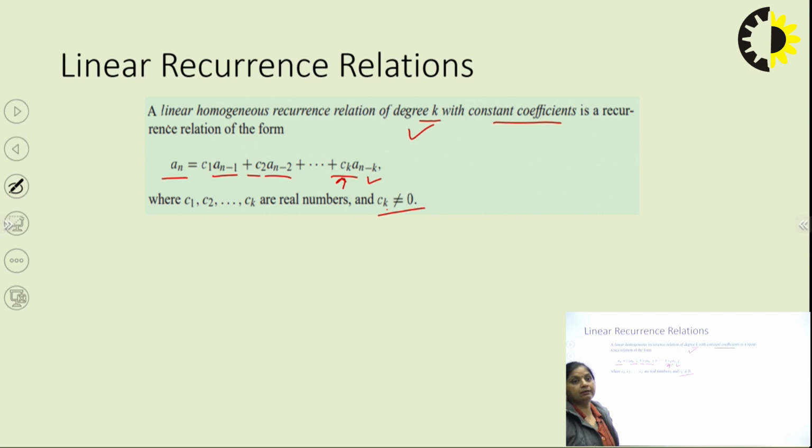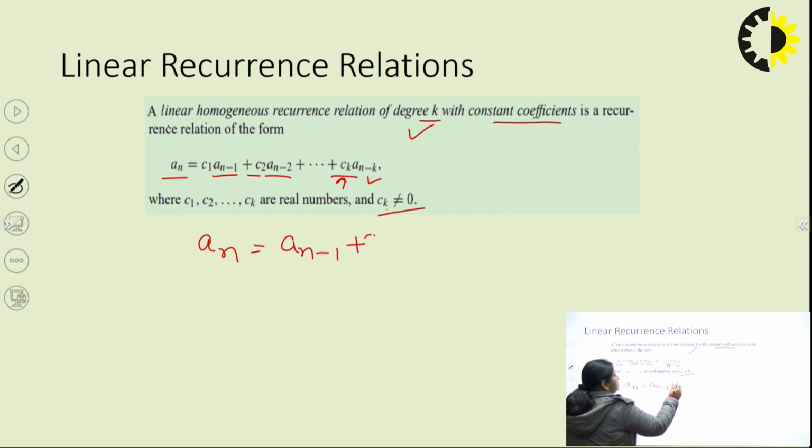If we recall the previous example, in one of our examples we had an is equal to an minus 1 plus 3. In this, we can see that an is defined in terms of an minus 1 plus 3.